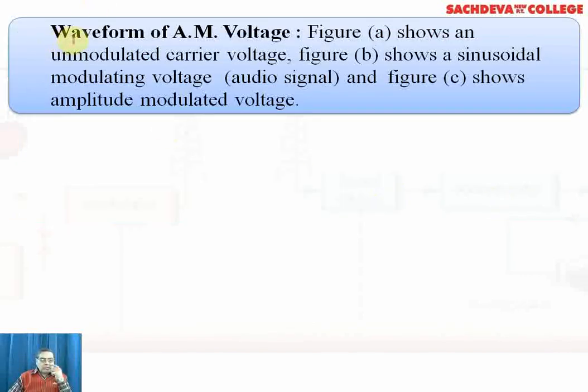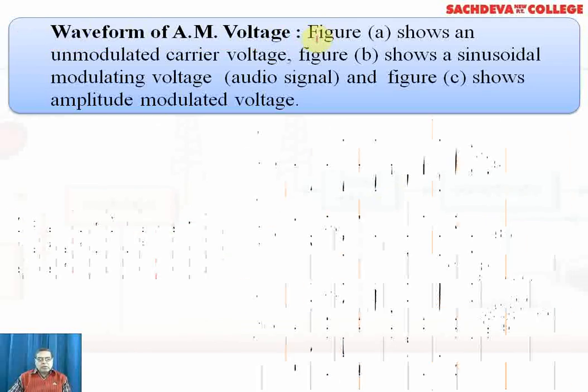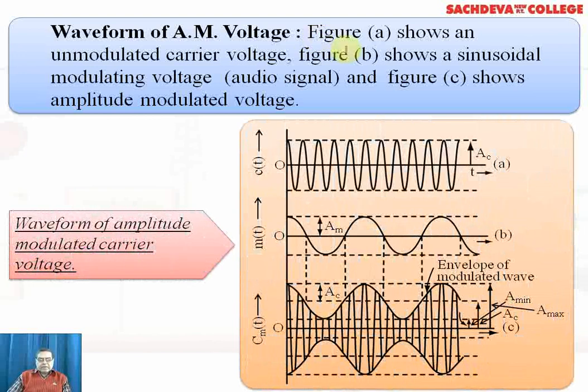Now we have to go through the waveform of the amplitude modulated voltage. Now we are involving the electrical phenomena in this whole concept. According to the figure, figure A, we will see on the right side, is showing unmodulated carrier voltage. That is, amplitude is fixed in this figure. So it is one of the signals in which amplitude is not changing.